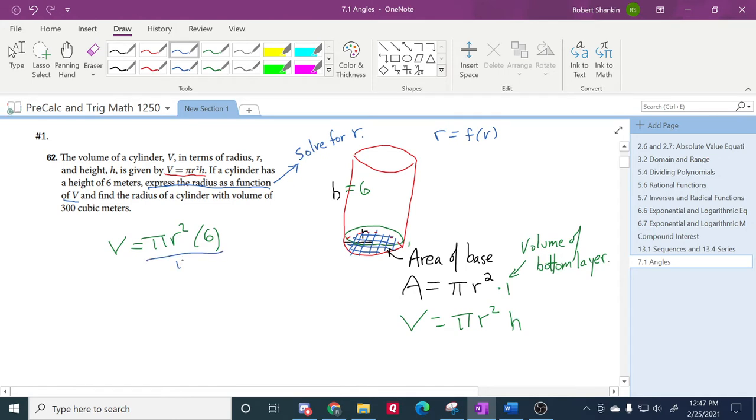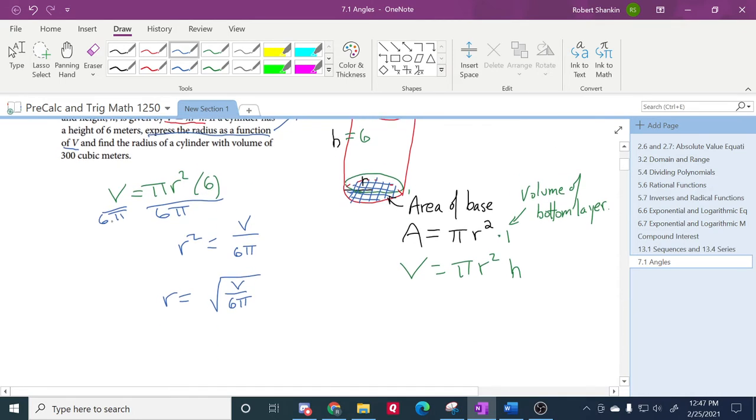So I'm going to divide both sides by 6 pi. And I'm going to get r squared equals, I'm going to move this to the other side, V over 6 pi. And then I'm going to square root both sides. Okay, and find the radius of a cylinder with volume 300 cubic. So that's the answer to the first part. The radius is this.